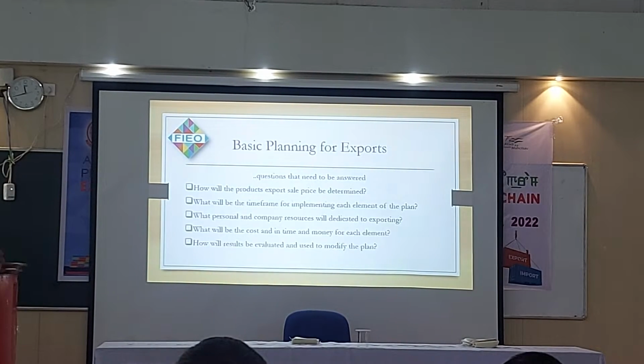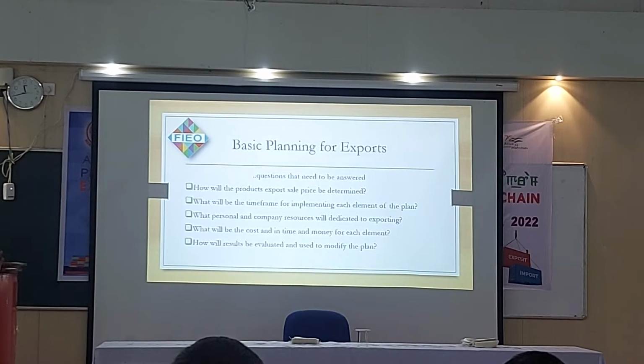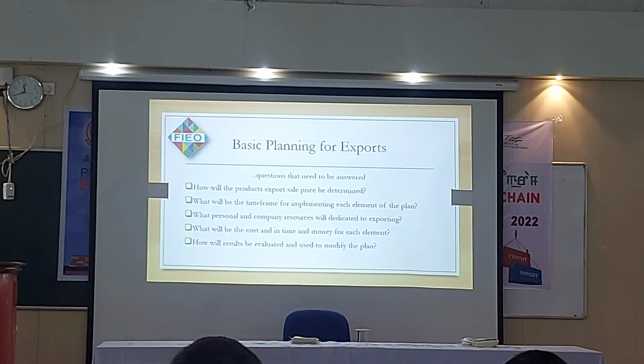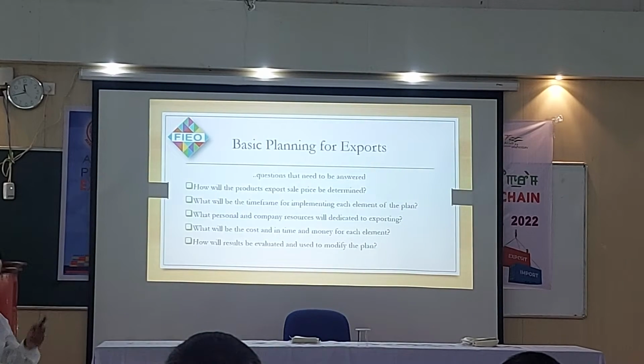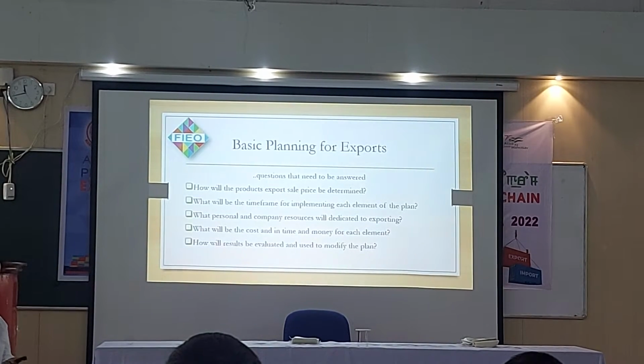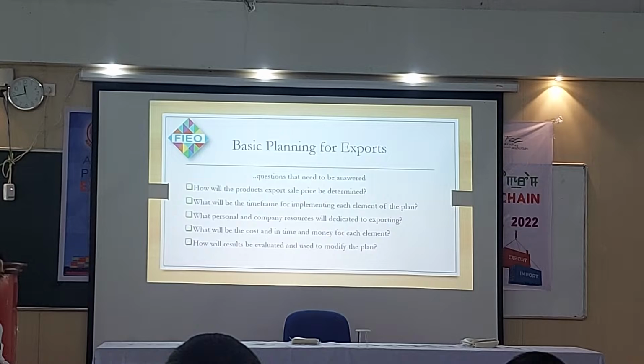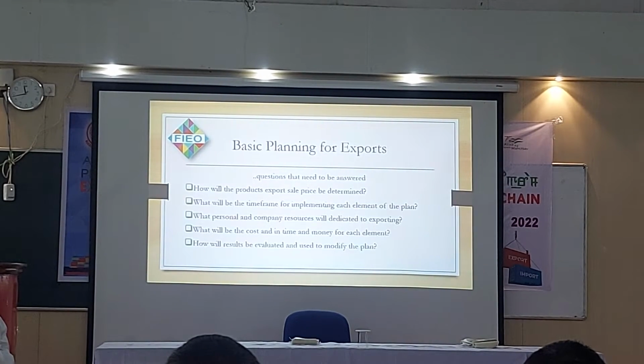Next, you have already noted down these points. So what would be the timeline, time frame for implementing it? You are planning it, okay, fine. I have planned it, I have noted it down, point 1, point 2, point 3. What would be the timeline? The planning cannot be going on for a year, right? Or maybe 2 years. There has to be some timeline. You are planning, and the season of pineapple is gone.